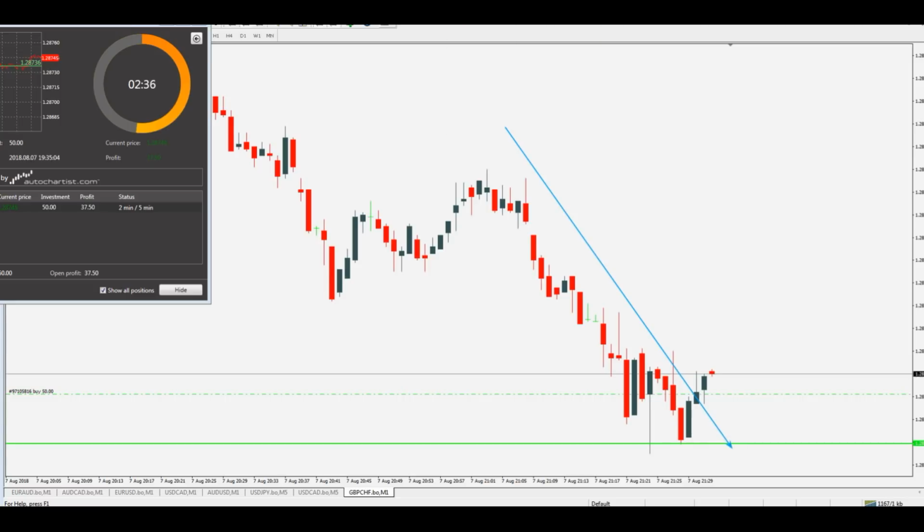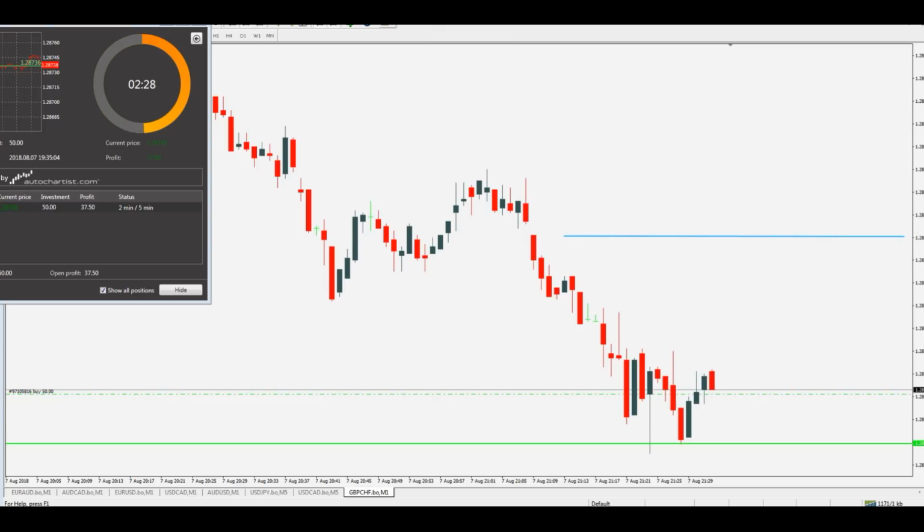Let me draw it better. Imagine this: there's our resistance line, or support line, let's say, and I'll draw this in red. What happened is the price has absolutely smashed into the support line.